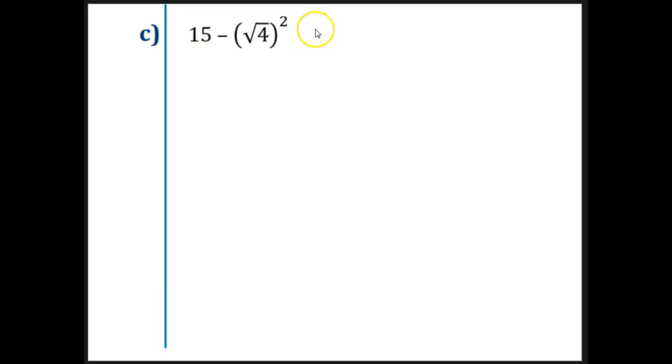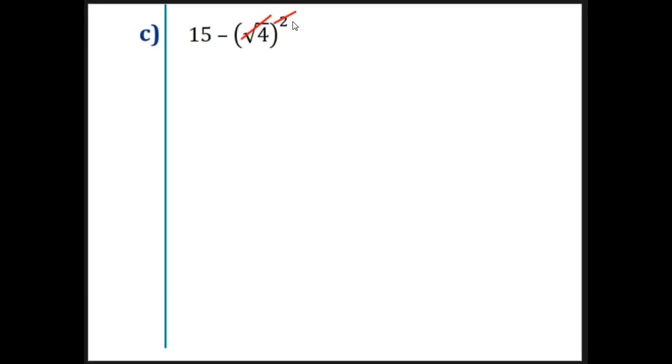When I have a square root that is squared, these guys cancel each other out. So I'm going to cancel that and cancel that.